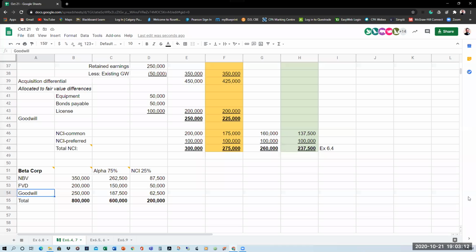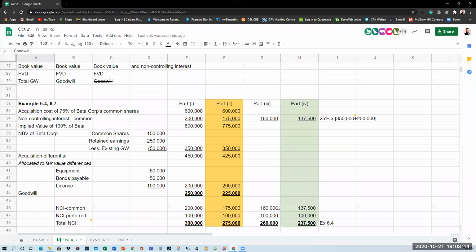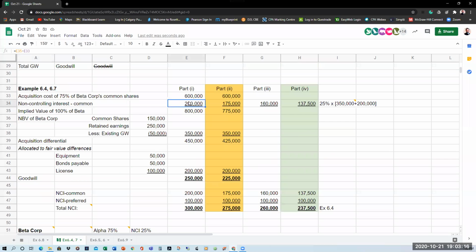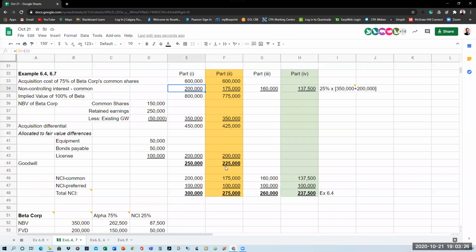And so as you shift from using the parent's acquisition cost as a basis to some other basis for calculating NCI, notice what's happening. Non-controlling interest was $200,000 in part one, but in part two, we said NCI should be $175,000. So notice what happened with NCI.